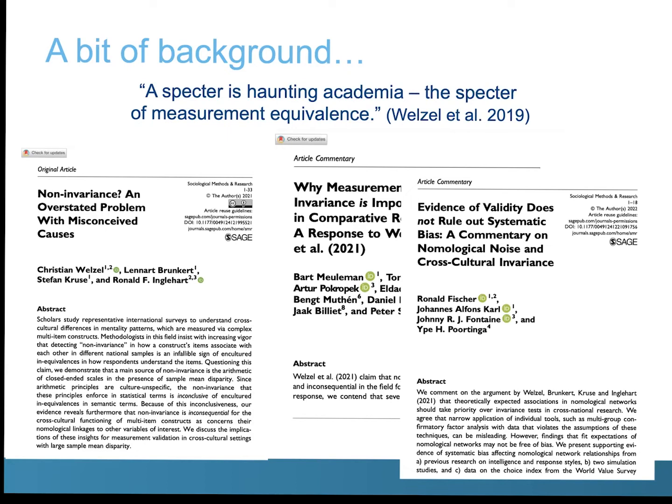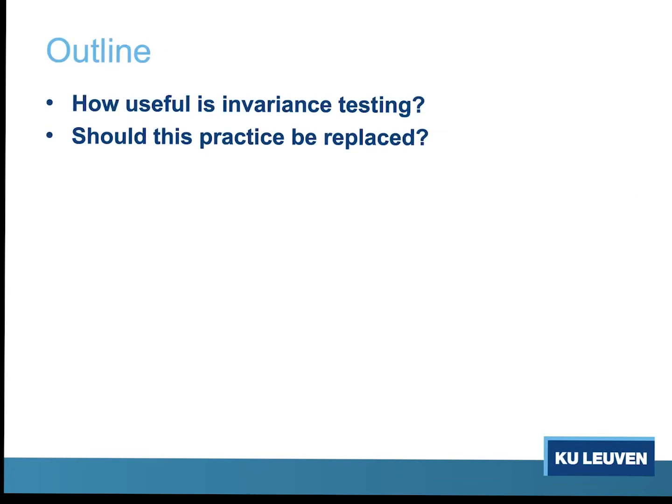What I have in mind for today is to discuss together with you the question: if you look at what we do nowadays with invariance testing, is it really useful? How useful is it? And if we say that it's not useful, what should we do instead? Can we replace this practice by a different strategy of assessing measurement quality?